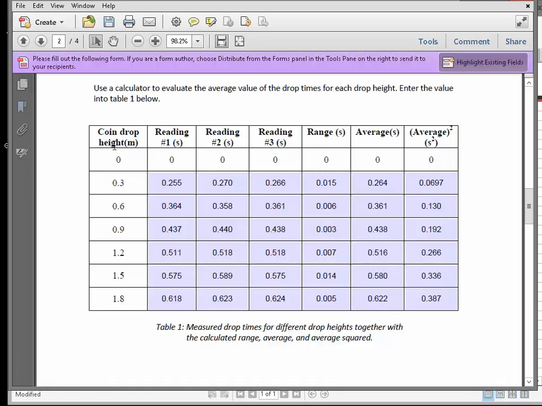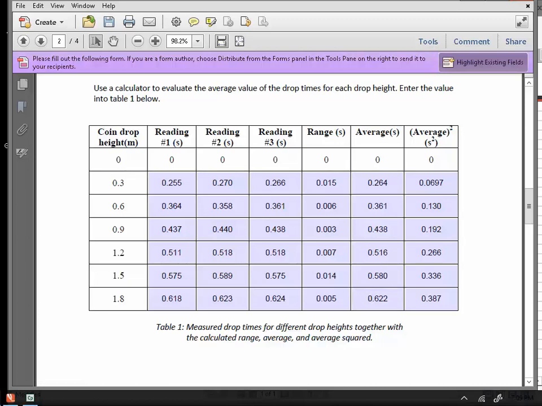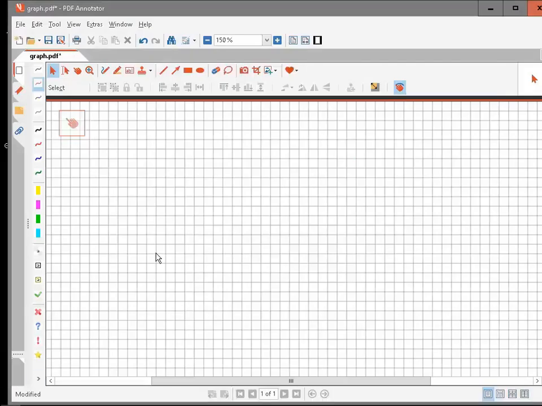We'll be plotting the height, the drop height, on the y-axis. So the y-axis must go from 0 to 1.8. And I'll be plotting on the x-axis the average time taken, and that must go from 0 to 0.622. Going back to this graph paper, we can start by sketching the axes.